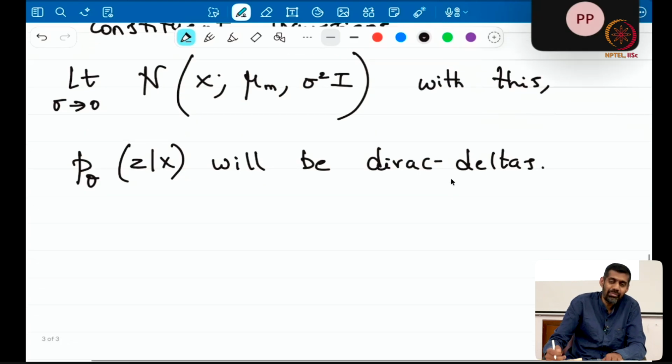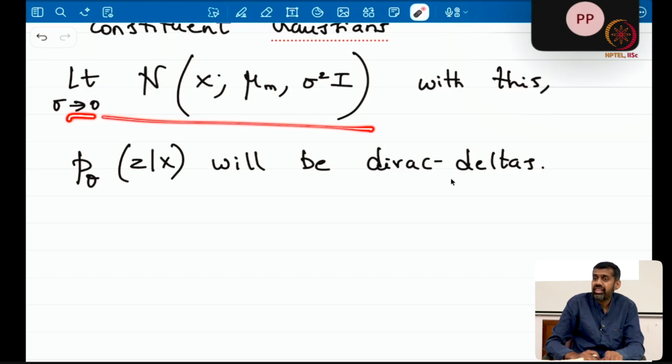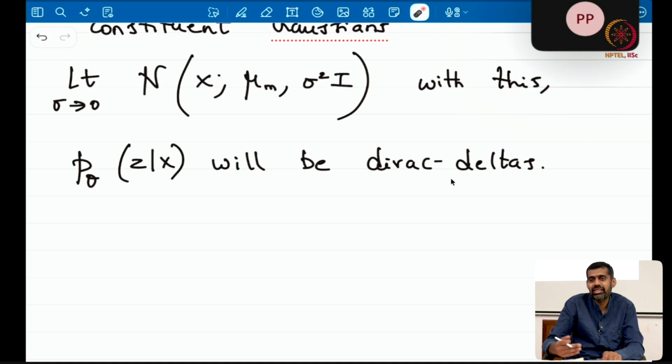Now, the interesting part is, suppose we make this change, the EM algorithm that we know of will take a surprisingly simple form. Recall what we did in the EM algorithm. We had two steps. What was the first step?